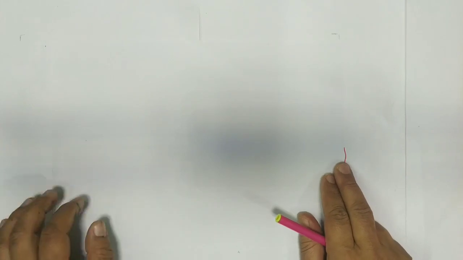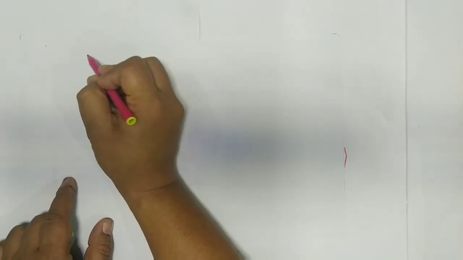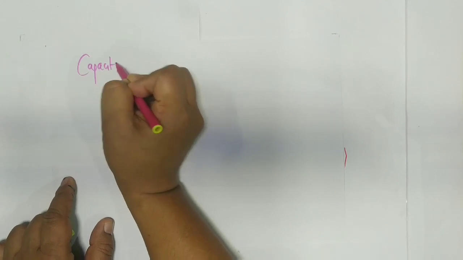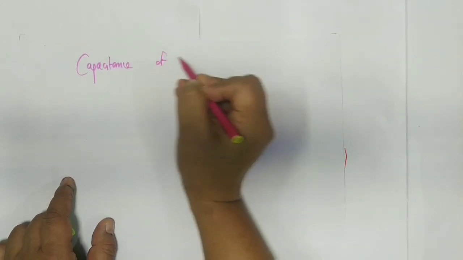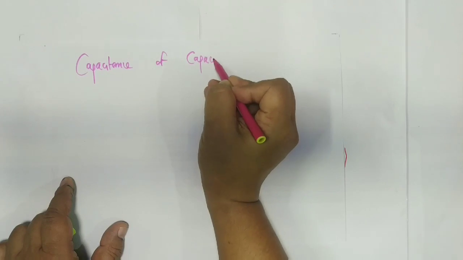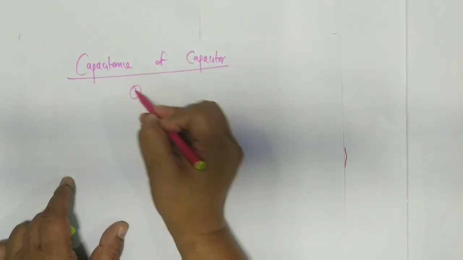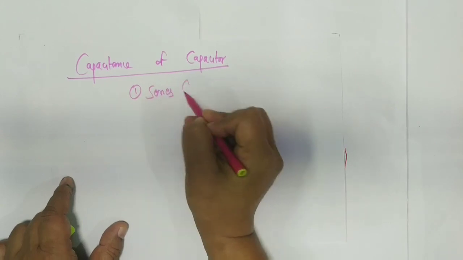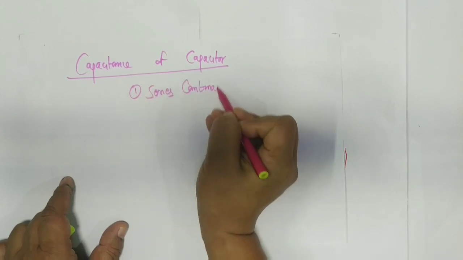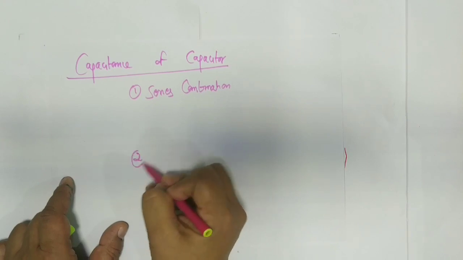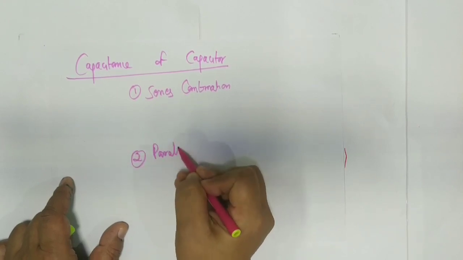Now, you know that the capacitors can be connected in series and parallel also. One is series combination, and one is parallel combination.